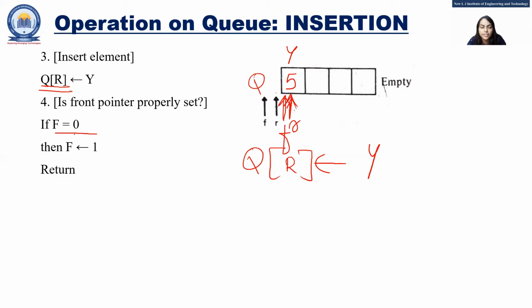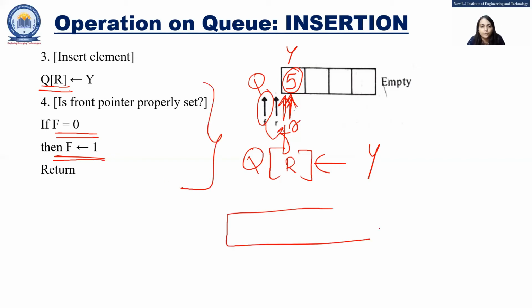If it is 0, we have to update it to 1. That means now we have at least one location which can be deleted, right? So on the first insertion, we need to make sure that it is properly set. If F is equal to 0, and if we have inserted, then we have to make F equal to 1.